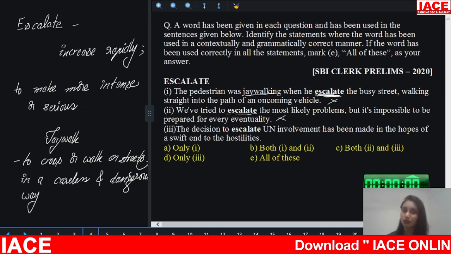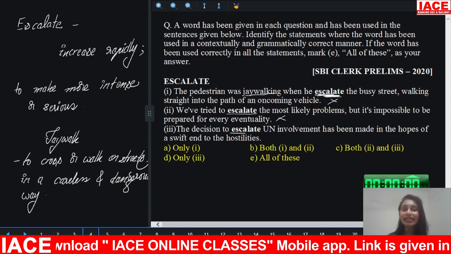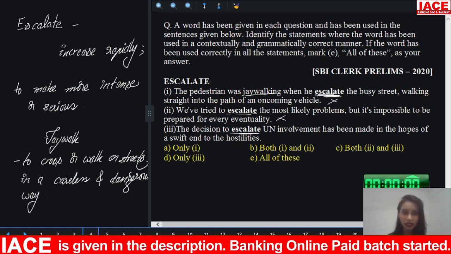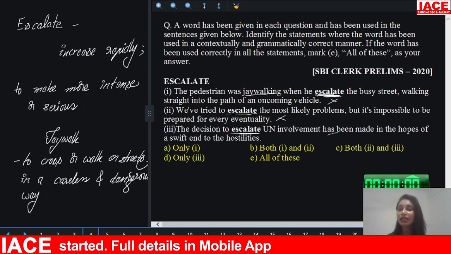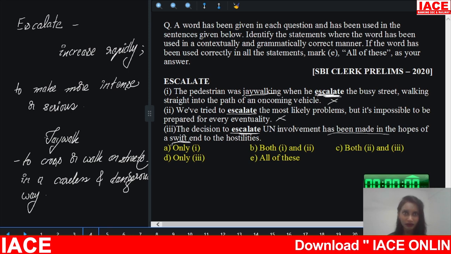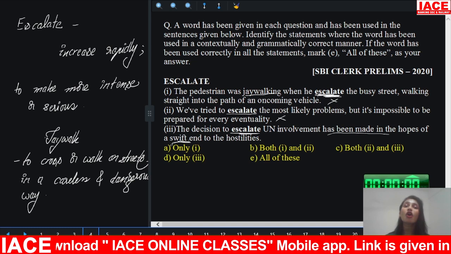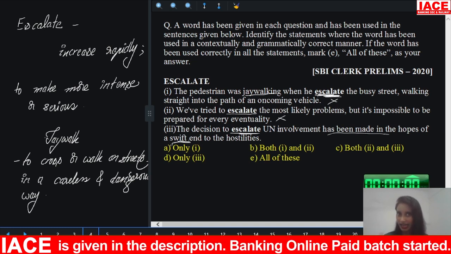Now look at sentence 3. The decision to escalate UN involvement has been made in the hopes of a swift end to the hostilities. Swift means what? Very fast, not the car Swift. Here swift means very fast, quick, rapid. So end to the hostilities. We already learned hostility means enmity.